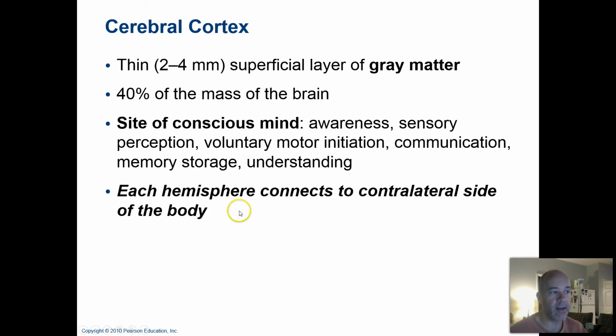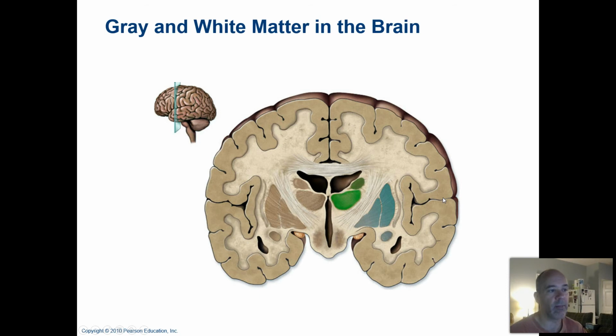Another important thing, which we're mentioning over on the anatomy side as well: each hemisphere, the left and right sides of the brain, is connected to the contralateral side of the body. You have this crisscrossing that takes place. And if we back up over here, over on the anatomy side, you're learning about a brain structure called the corpus callosum, which is right in here.